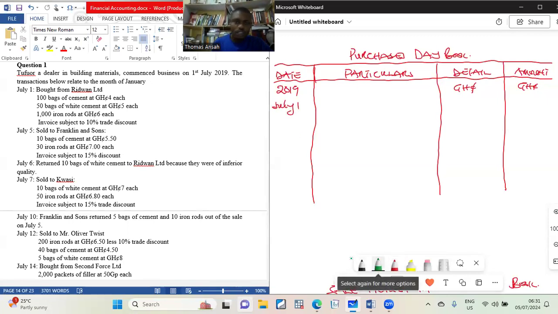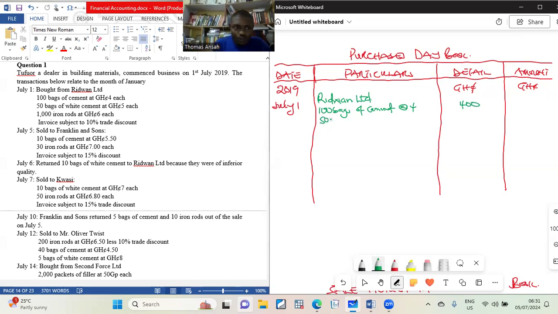Let me change my ink. Then they bought from red 1, right? So you write here red 1 and list all the things they bought from red 1. So what did they buy? They bought 100 bags of cement at 4 cedis, and that is 400, right? That is not the only thing.